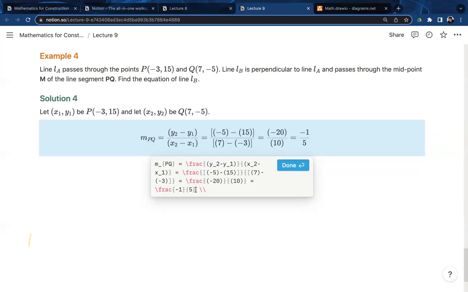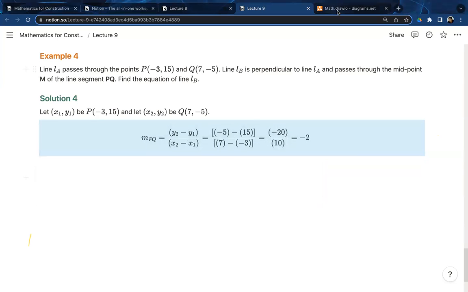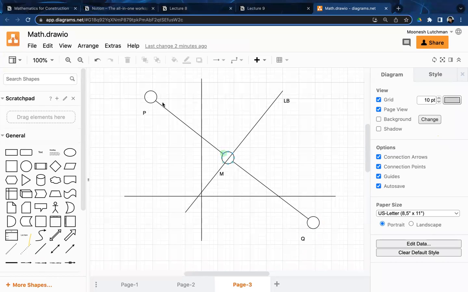So the gradient is -2. That's the gradient of this PQ line here.